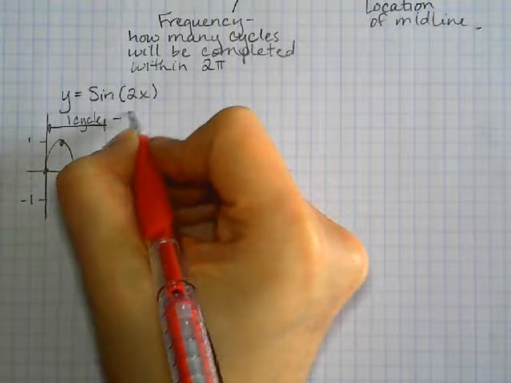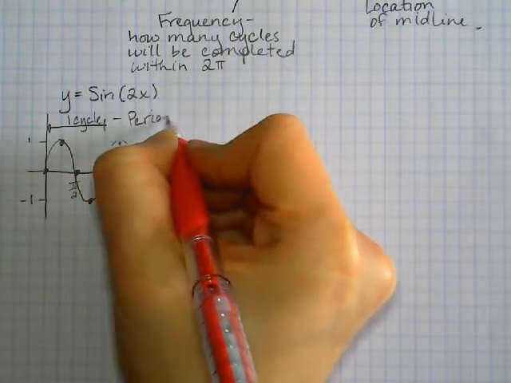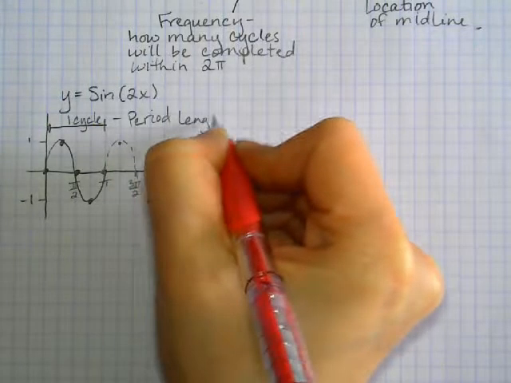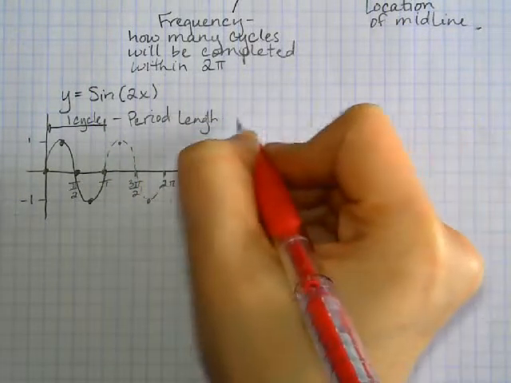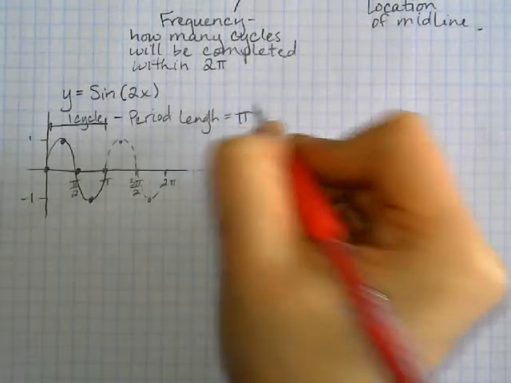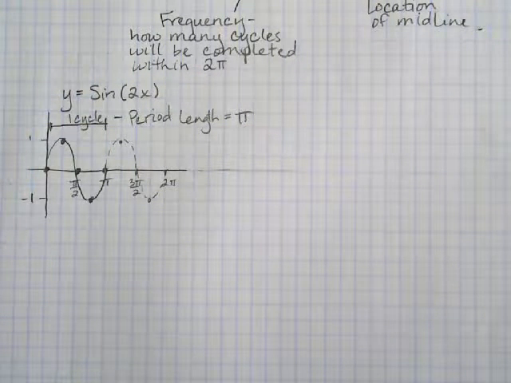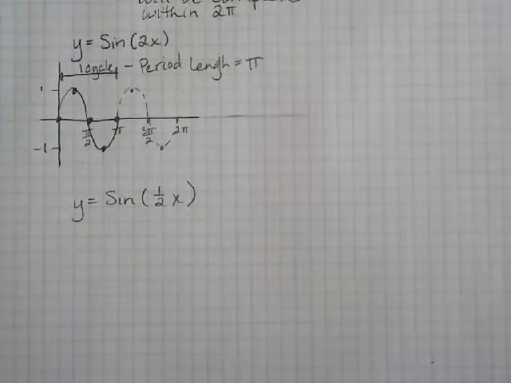When I moved down to a frequency of 2, I finished that one cycle, that up, down, up, within 1 pi, and I got 2 full cycles done within 2 pi. When I look at something like 1/2 x, that changes so that I'm only getting 1/2 a cycle, so just this top part within 2 pi.